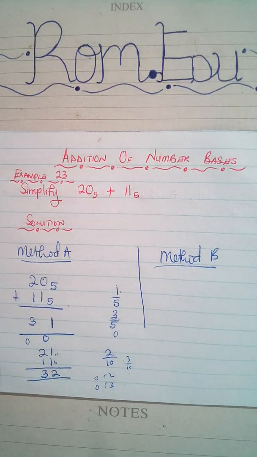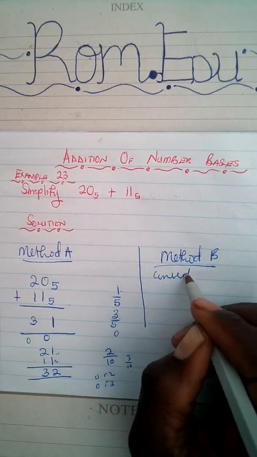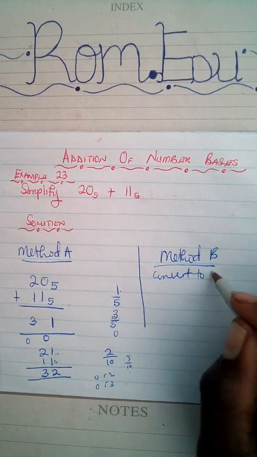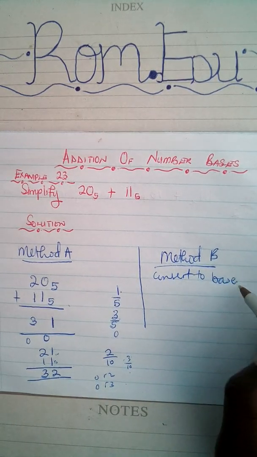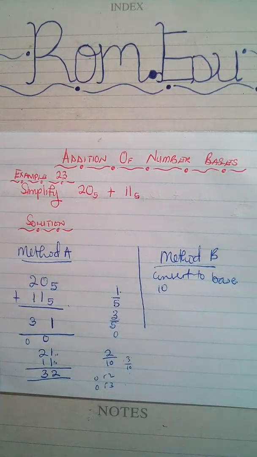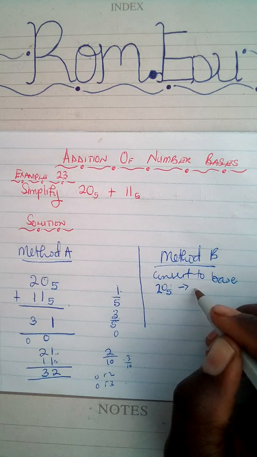Let's look at method B. In method B, you convert everything to base 10. So I'm going to convert 20 base 5 to base 10.